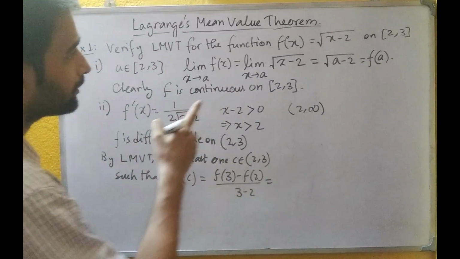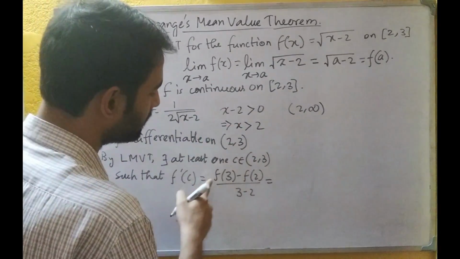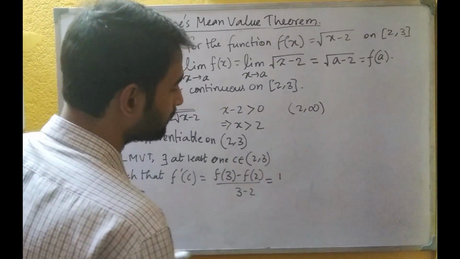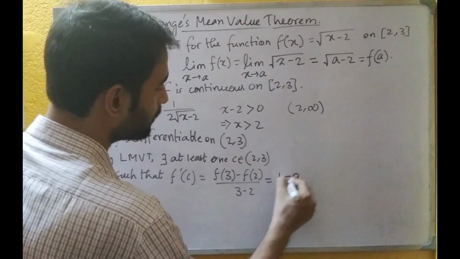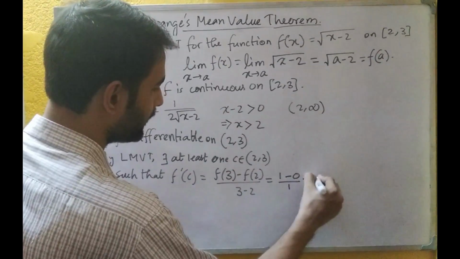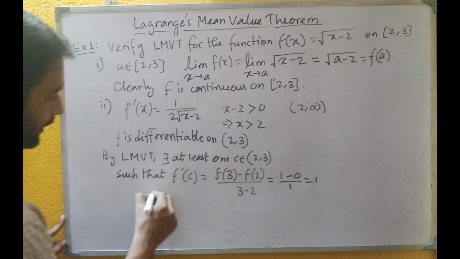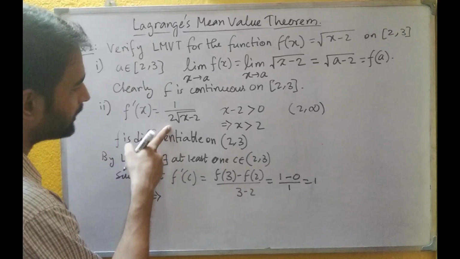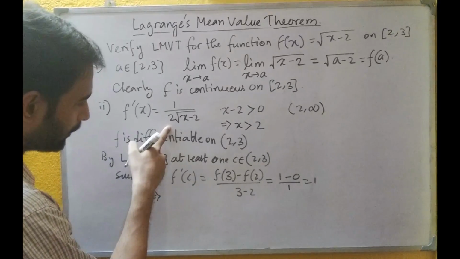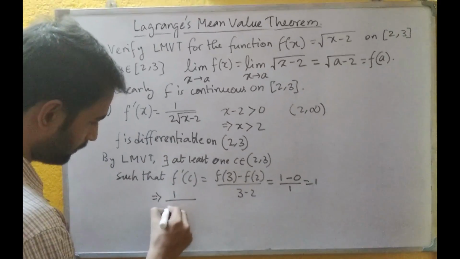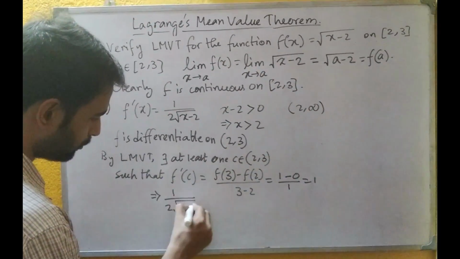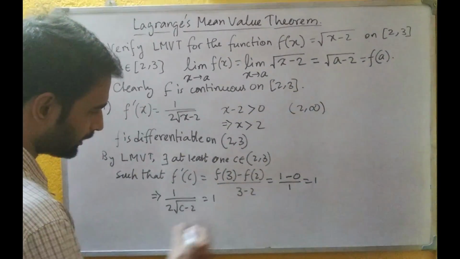Now see, from the function, f(3) is nothing but 1 itself, f(2) is 0, divided by 1, so it is 1. And f dash x is 1 by 2 root over of x minus 2, so here it should be 1 by 2 root over of c minus 2 equals 1.